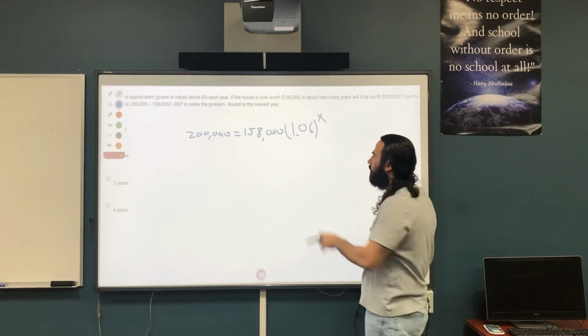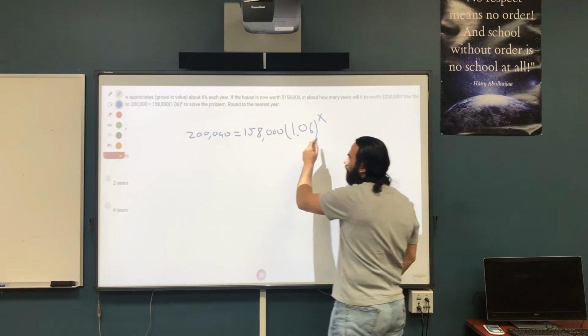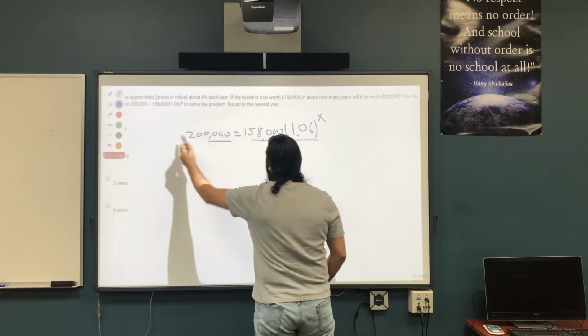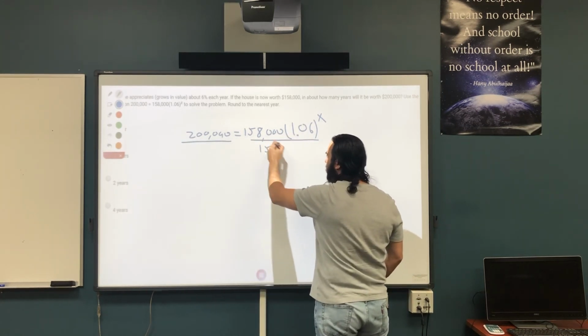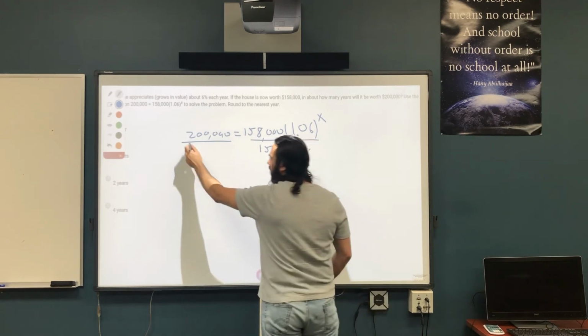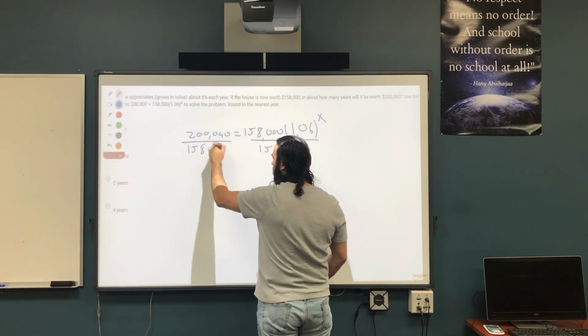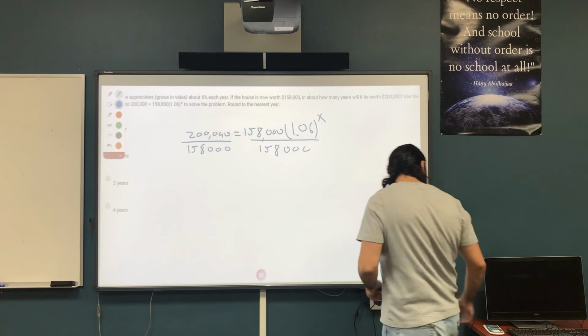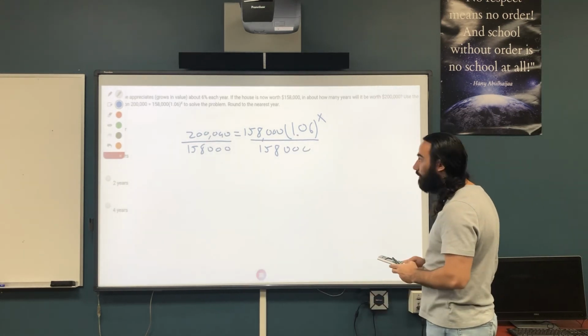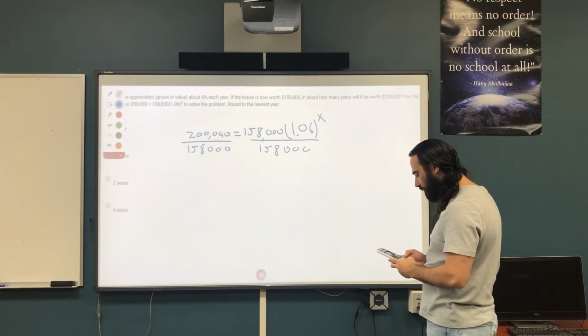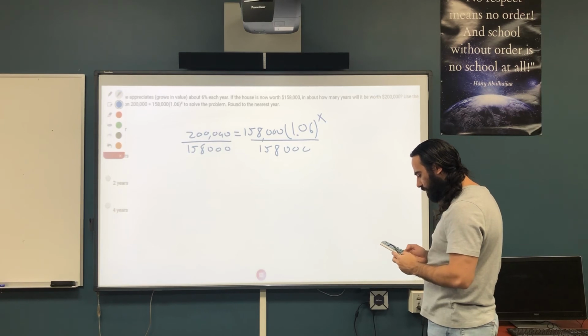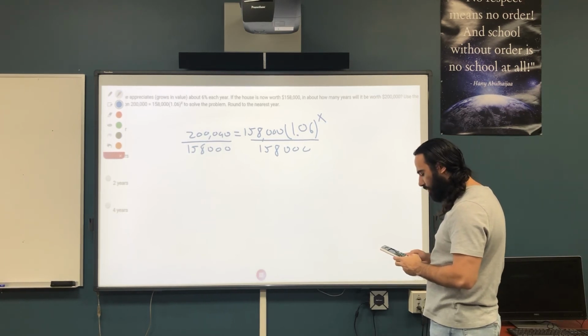So the same thing, guys, we need to isolate this expression. We divide both sides by 158,000. So it's going to be 200,000 divided by 158,000.